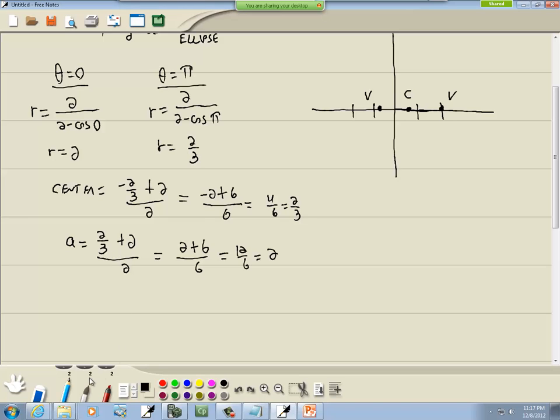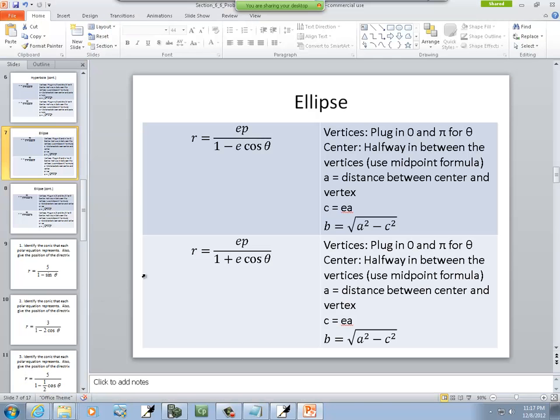Obviously I can't add. I was going to say that didn't seem right. Let's try that again. 2 plus 6 is 8. I'll go back to second grade here. And that gives me 8/6, 4/3. Okay, that seems more reasonable. Then it says to find c.